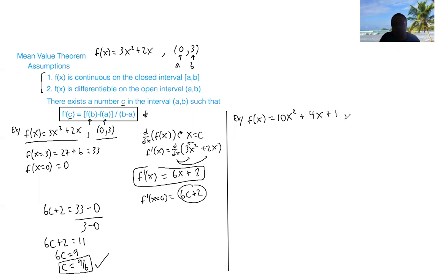This is your function, and I want you to evaluate this on the interval from 0 to 2. Okay, so function, interval, okay? And use the mean value theorem to assess this. Go ahead and pause the video and try.